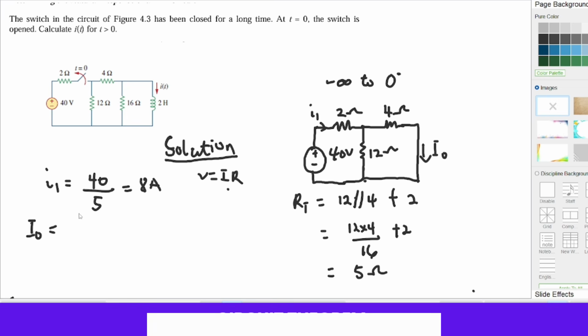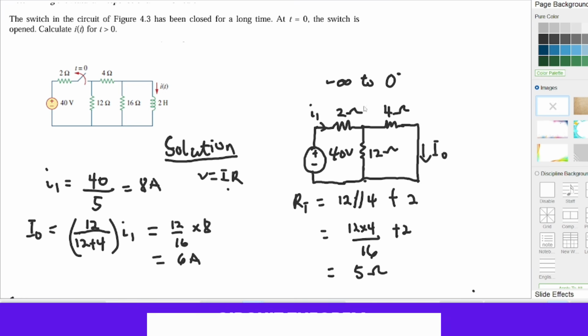So my I naught is equal to the opposite, or parallel, resistance, that is 12 ohm, all over the sum of the resistances, 12 plus 4, multiplied by the total current entering that junction, that is I1. So this is going to give us 12 over 16 times 8. So we end up getting 6 amps.